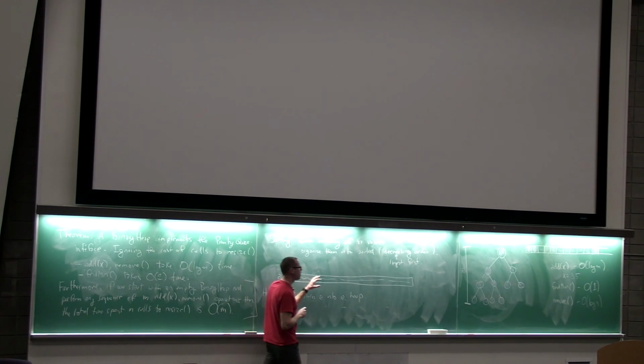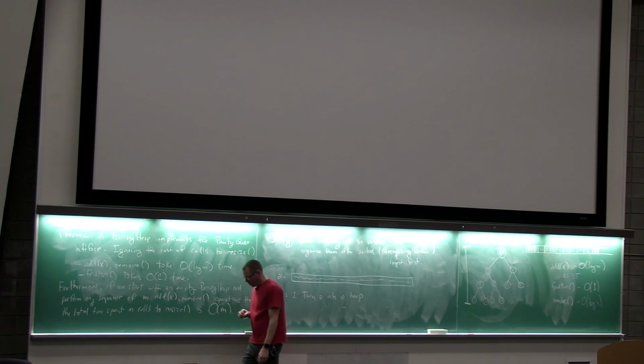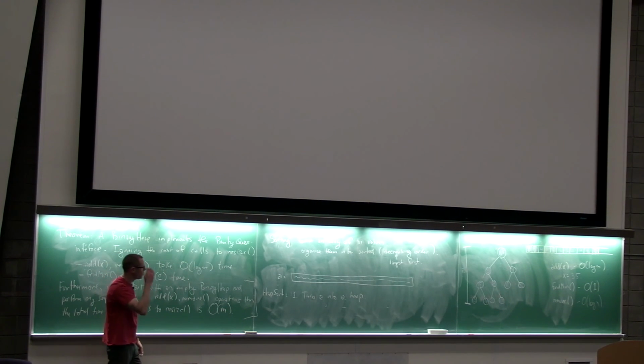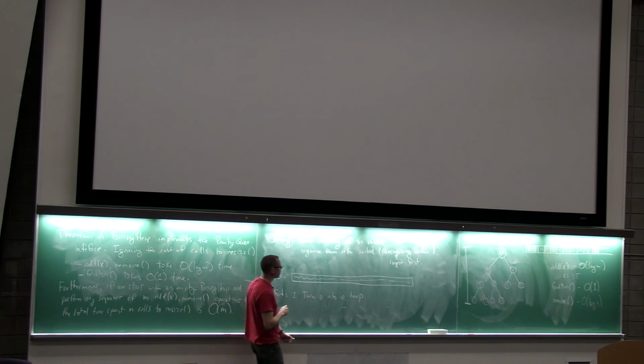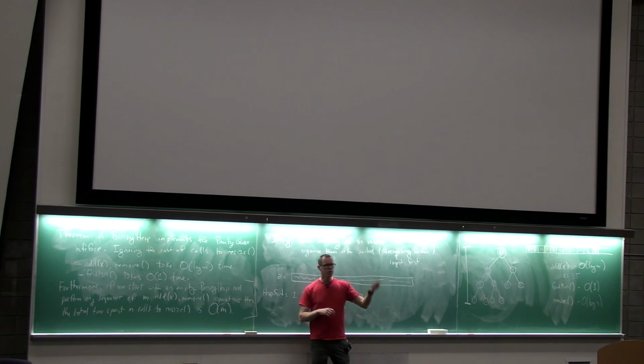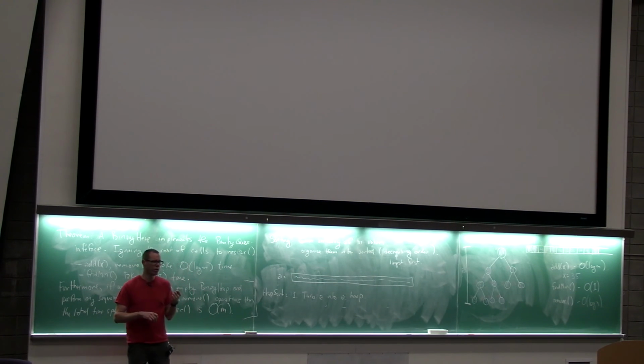Now after step one, this thing is a heap. And because of the way I've stated it here, we want to sort it into decreasing order. So the largest element should be at the front of the array, and the smallest element should be at the end of the array.